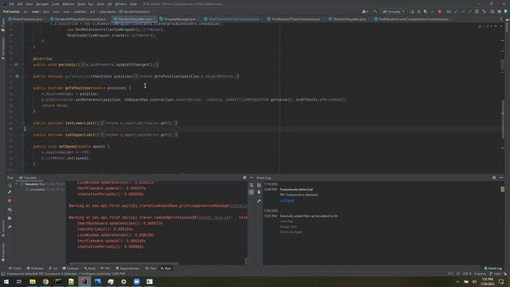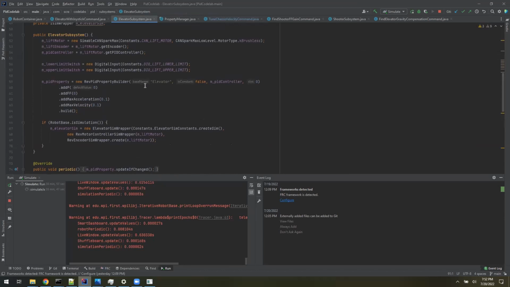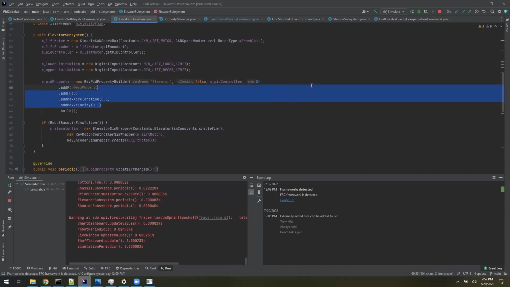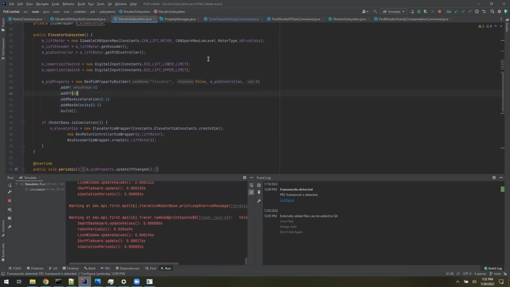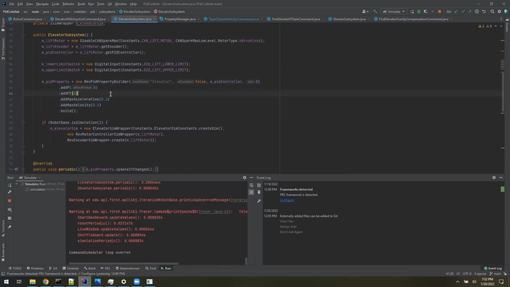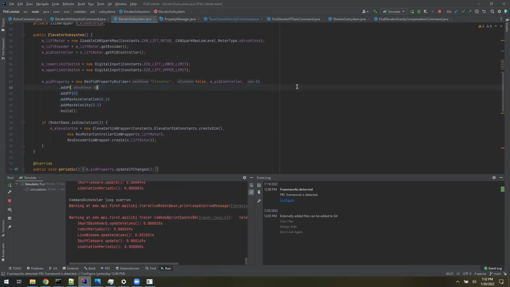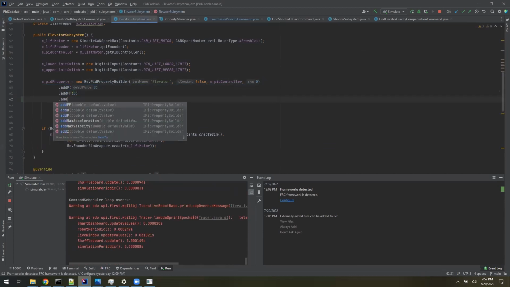We also, simply for convenience, have a way to bundle PID, motion magic stuff all together. Under the hood, it's using the properties that I just talked about, but you can add PIDF, speed limit, acceleration limit to all of it.